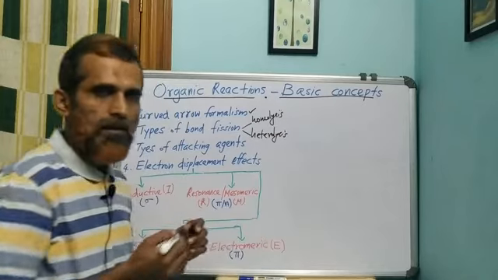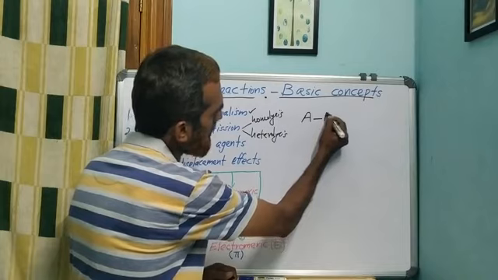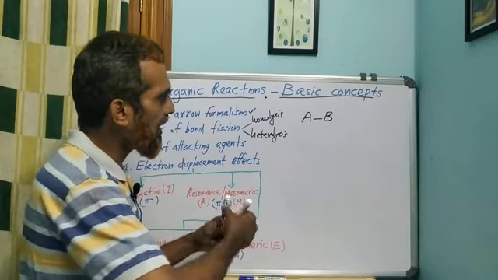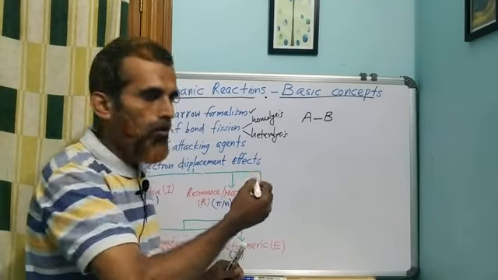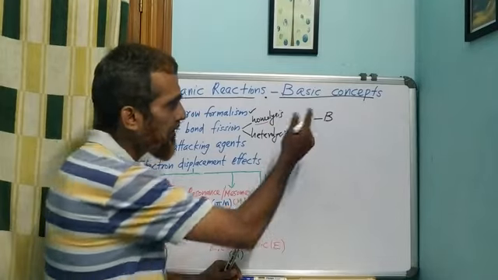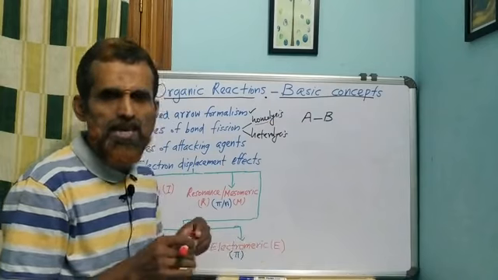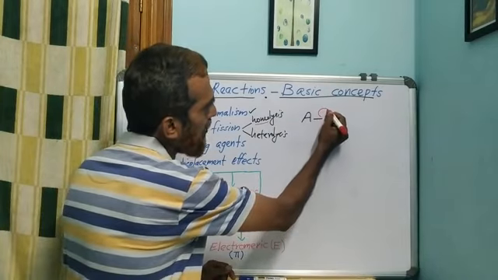Let's take AB. This is a covalent bond. Suppose this bond pair has two electrons. That means this bond can break symmetrically, equally, such that each fragment gets one electron each.